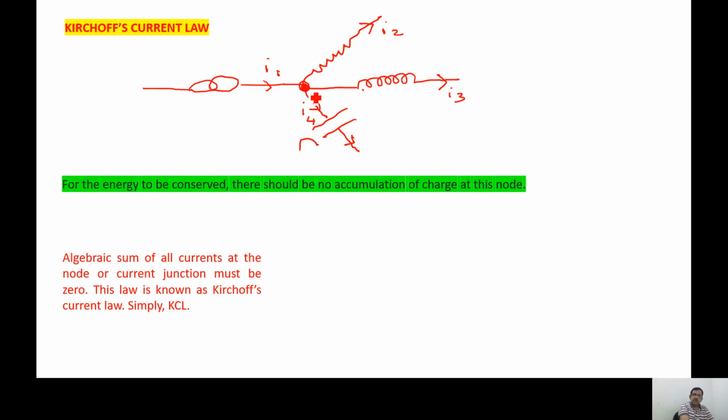We say conservation of energy because we learn in the electromagnetics course that the energy is basically related with the charge and the field produced by the charges. We will not digress too much, but right now you understand, for energy to be conserved, there shouldn't be any accumulation of charges at this point. So there must be continuity.